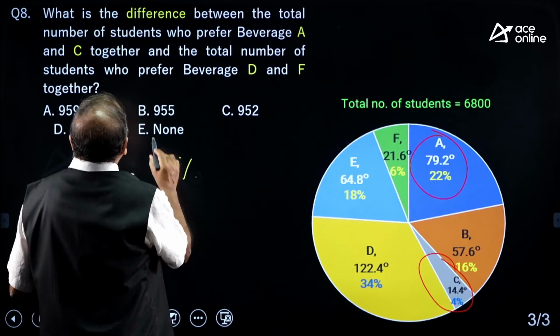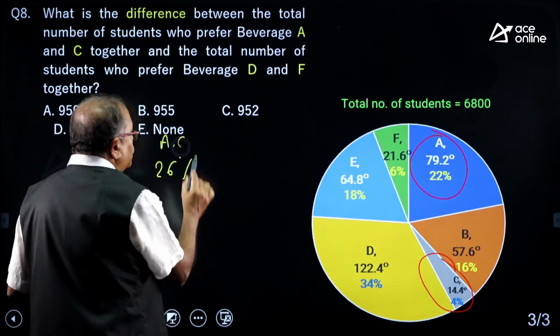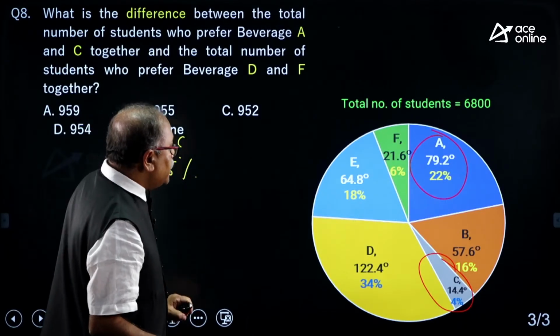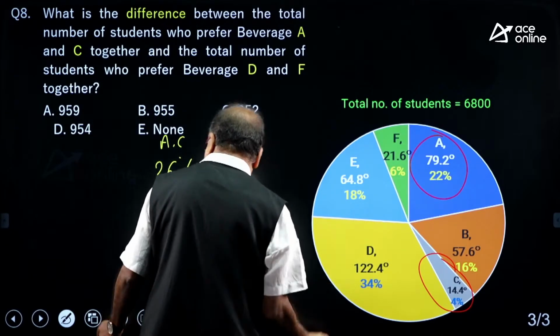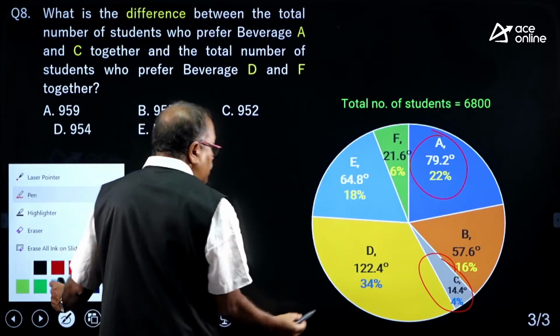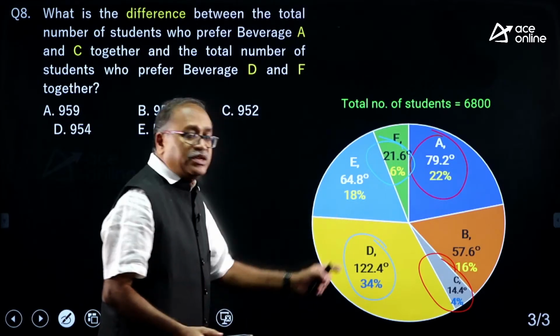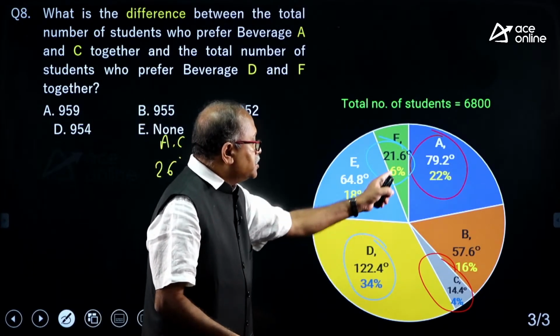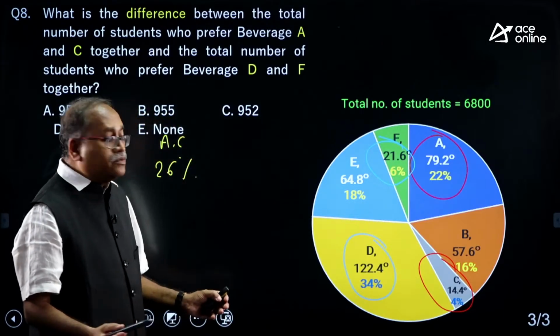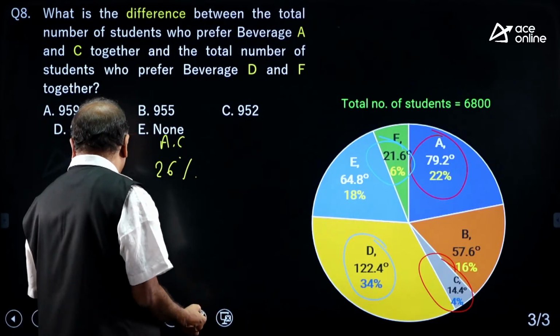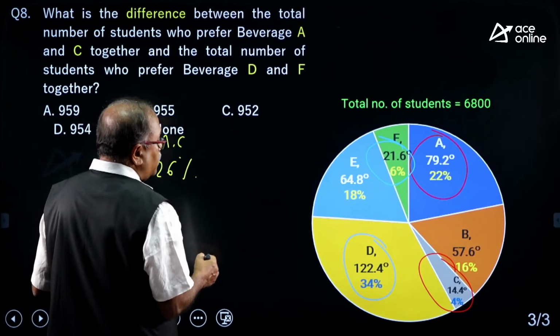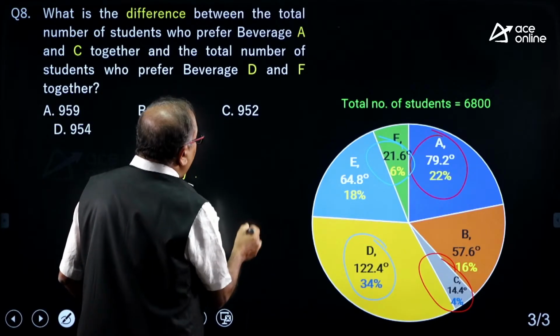That is A and C, and now D and F. D is here and F is here. So, use the percentage already mentioned here, 34 plus 6, and that gives you 40%.